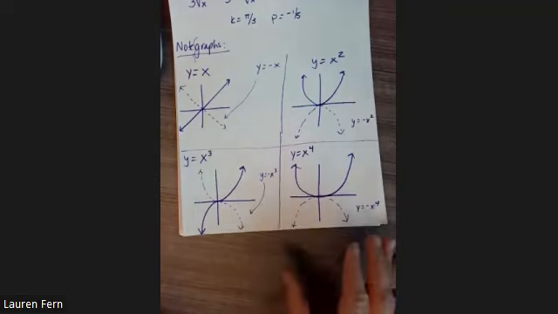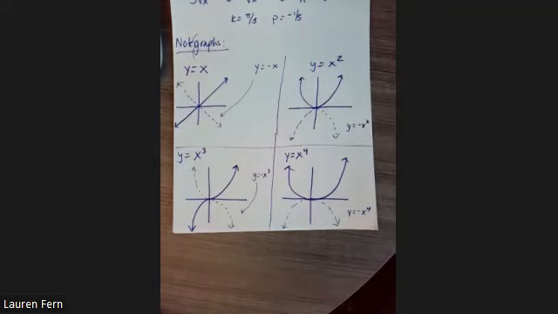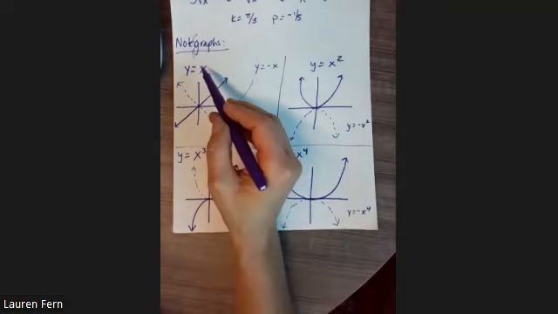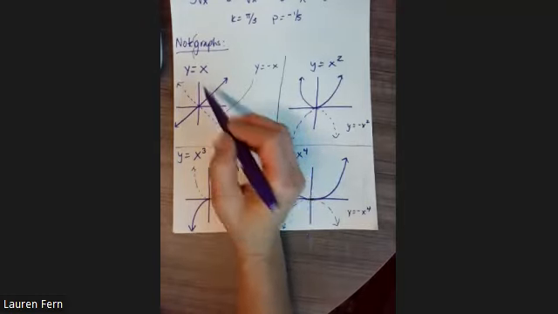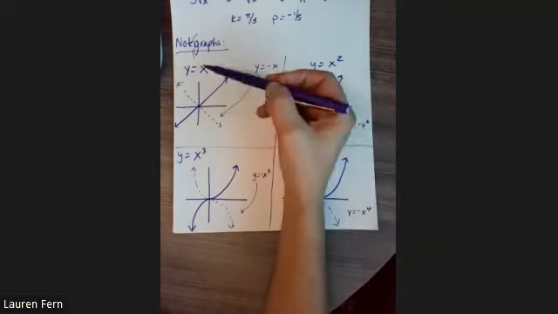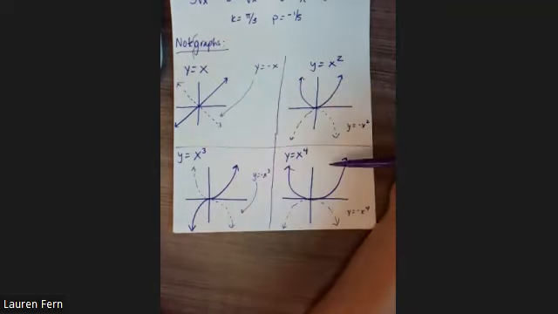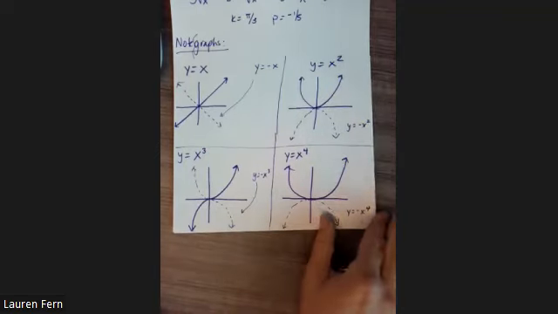And if you're unsure, you can always make those little XYT tables. But what I want to talk about in particular is the effect that our exponent has on these power functions. Notice here, both of our exponents are odd, and here, both of our exponents are even.